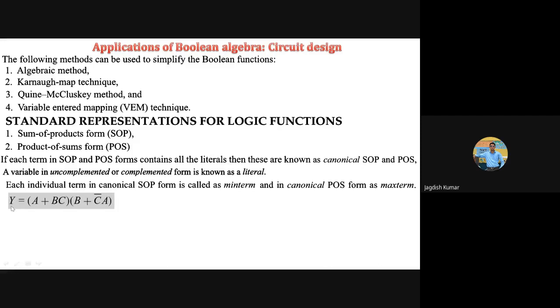Suppose there is this expression, y equals (a or b) and (c and b or c complement) and a. This is not either SOP or POS form. This is some arbitrary form of a Boolean expression. Now you can apply theorems of Boolean algebra, and we will be doing this in coming lectures, and finally arrive at the sum of product form of this expression.